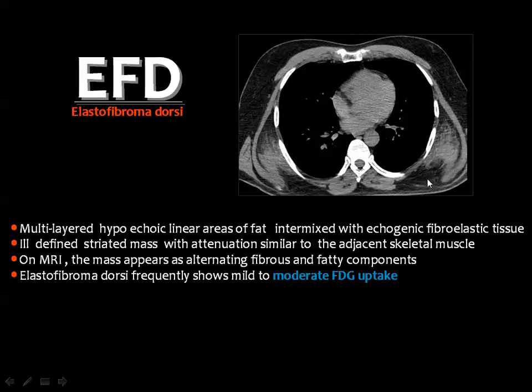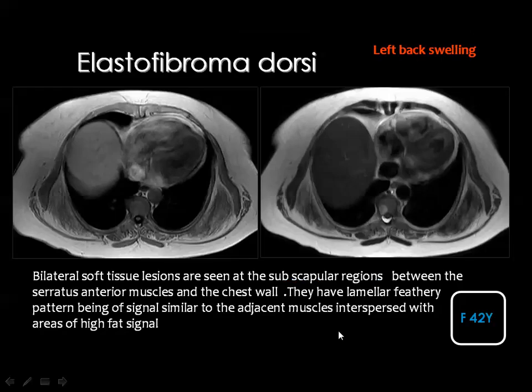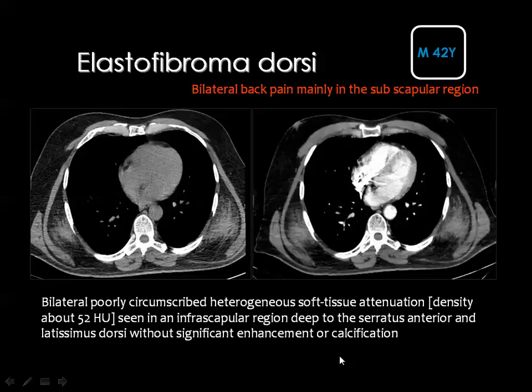The tumor may be unilateral, maybe bilateral, maybe symmetric, maybe asymmetric. And this is a very characteristic appearance both on CT images and on MRI. If you have a PET CT, the lesion may show some uptake. In the T1 weighted image, there is a striated appearance with a characteristic location, and in the T2 weighted image, you see similar findings.